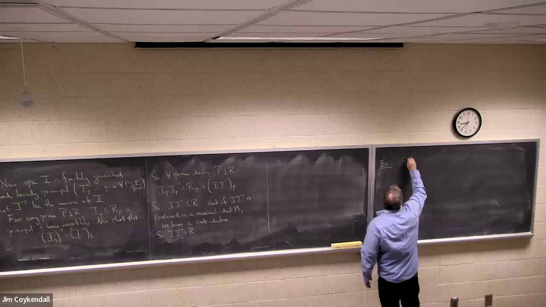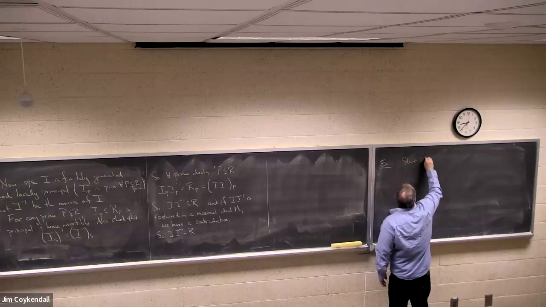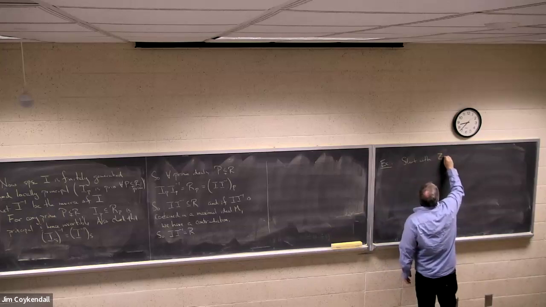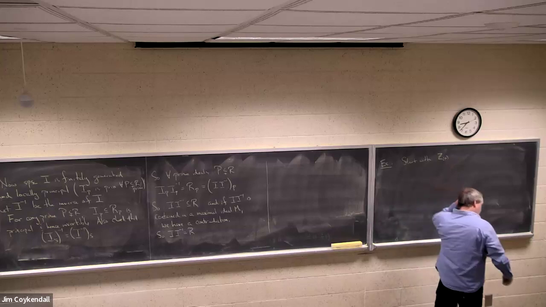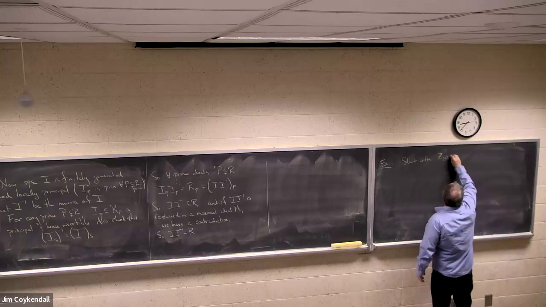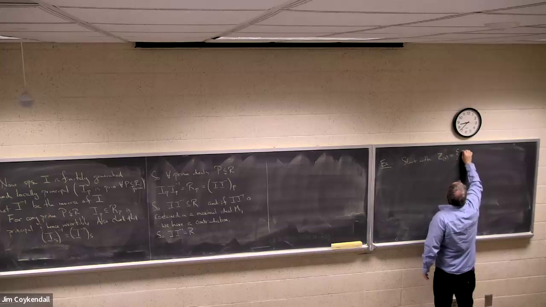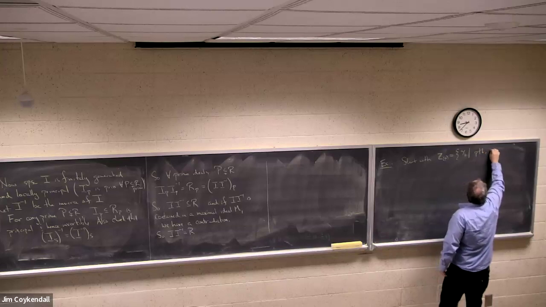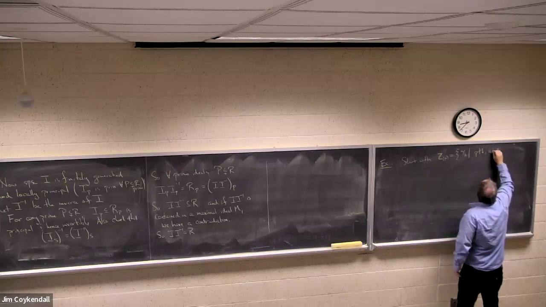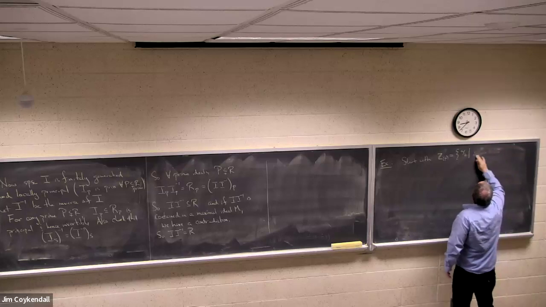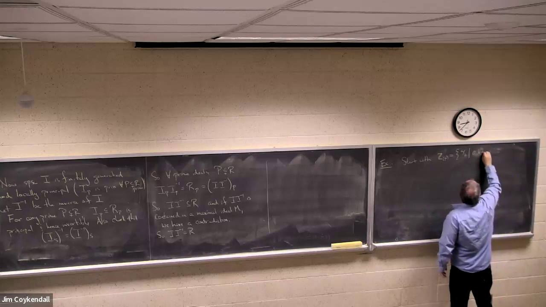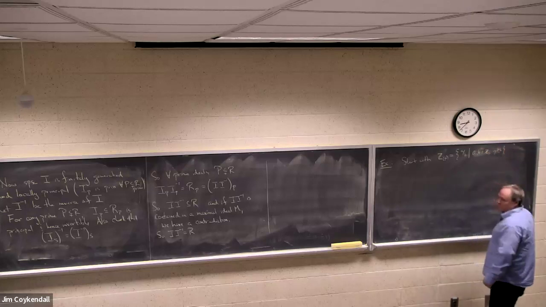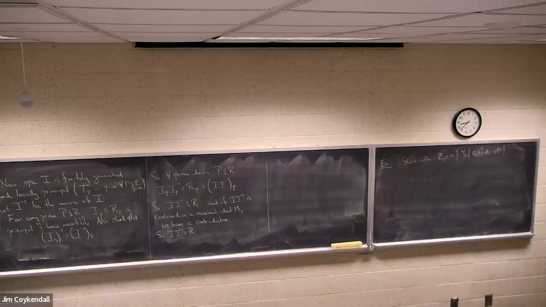Start with, this might be an old familiar thing. This is the set of a over b where b does not lie in the prime. A, b in Z, b not in the prime. So you all are familiar with this, right?